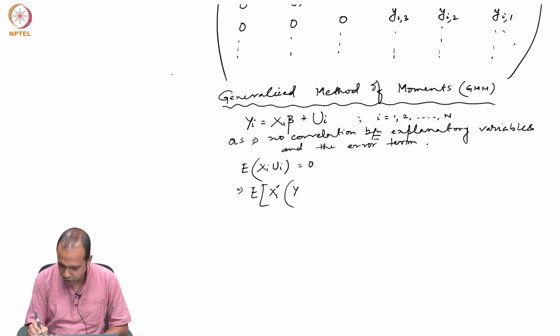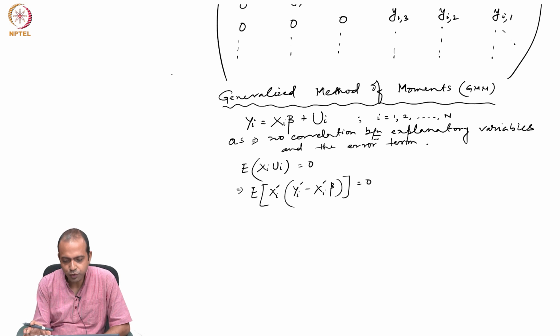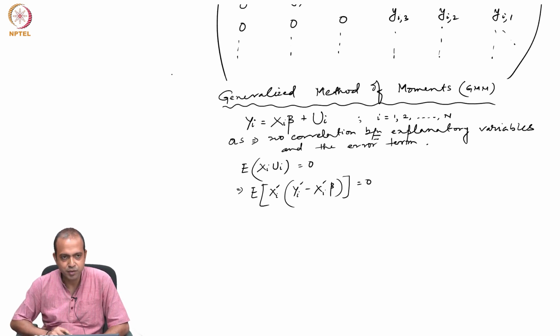So this will become yi transpose minus xi transpose into beta, that equals 0. Very simple. In place of ui I am just putting yi prime minus xi prime beta. This is all transpose basically.